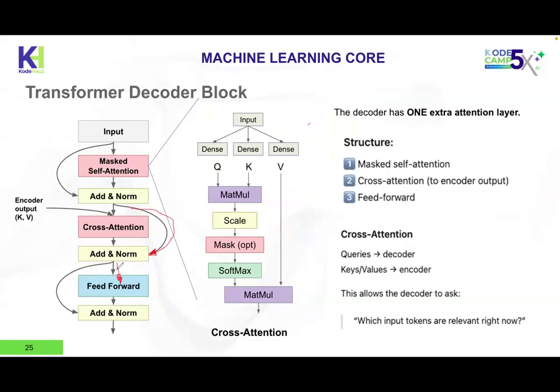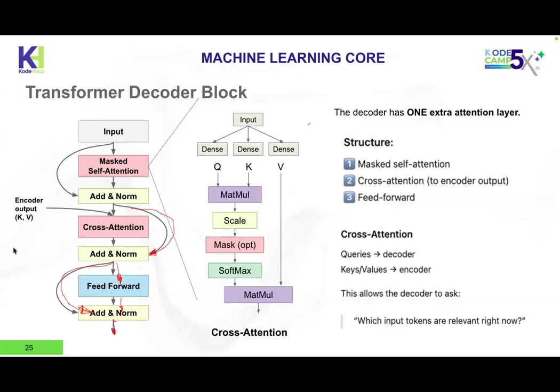And the feed forward is two stacks of dense layers, which I'll talk about in the next slide. And from this feed forward output, we're still going to do another skip connection again to keep the gradients stable and avoid vanishing gradients. And then this output is finally the output from the decoder layer.